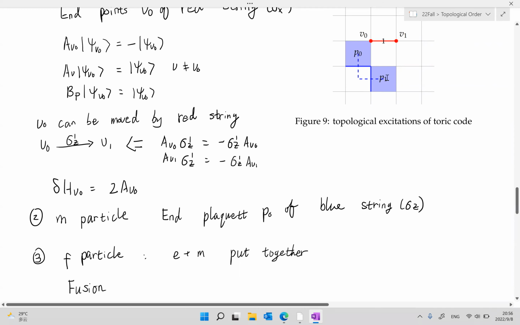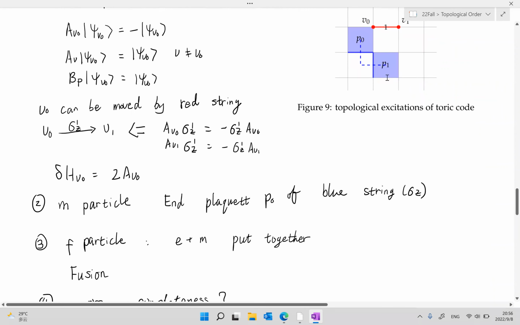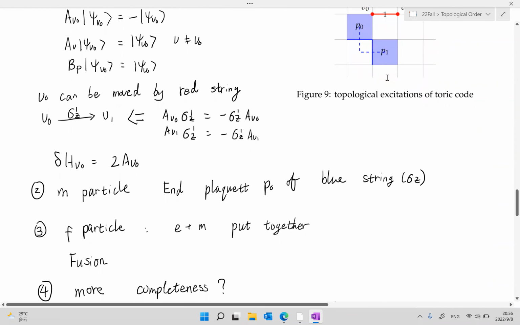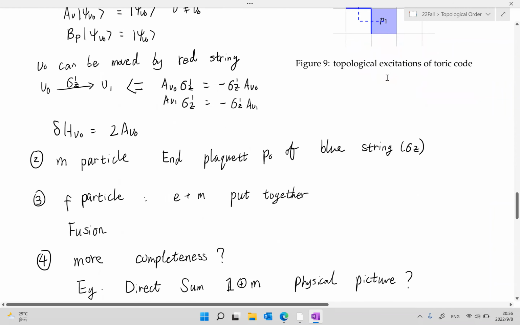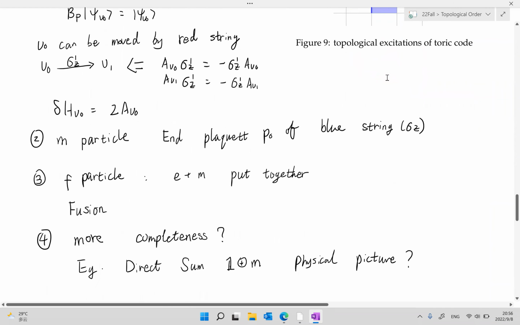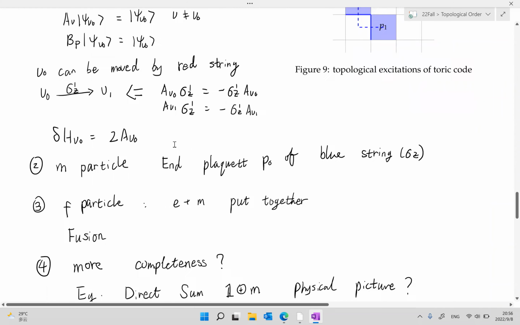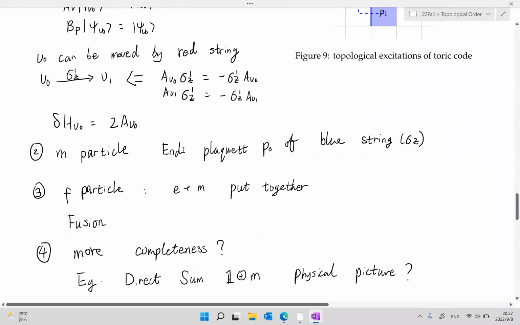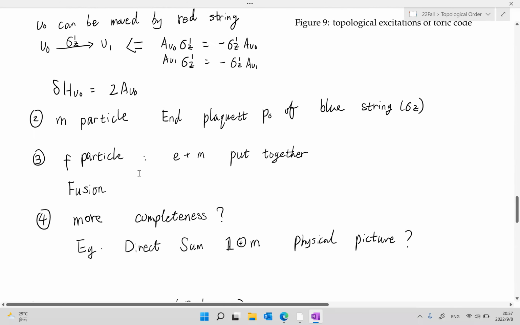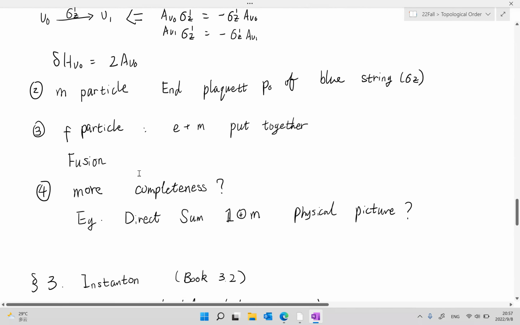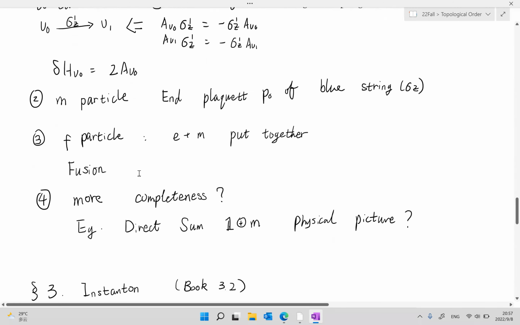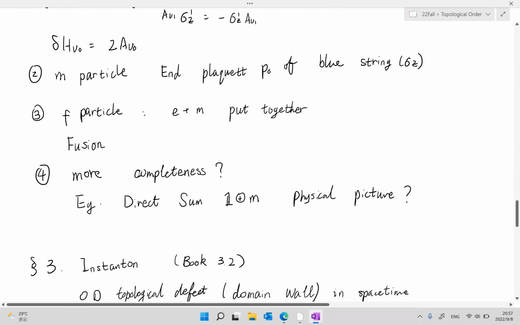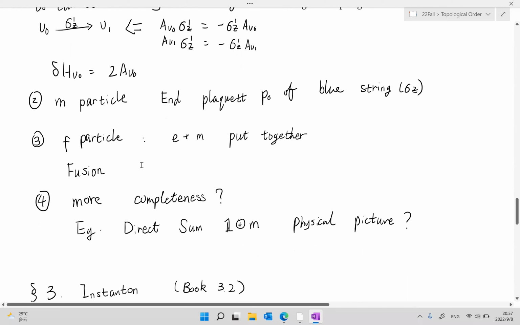So you can understand it intuitively. Another interesting thing is that if we put the E particle and M particle together, it's something we call fusion, and we will get an F particle. We will get to fusion in a minute.